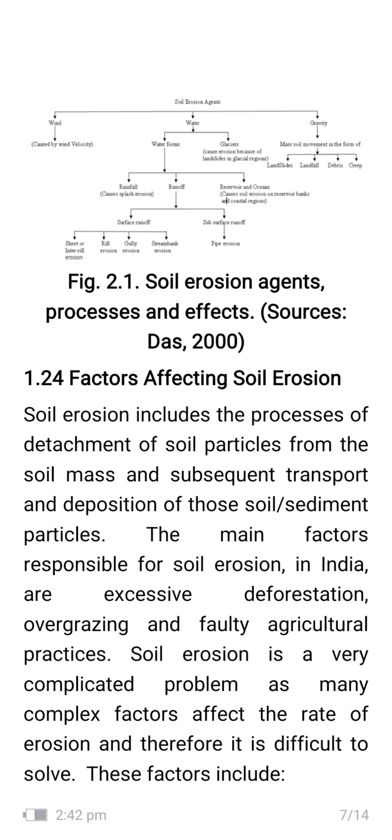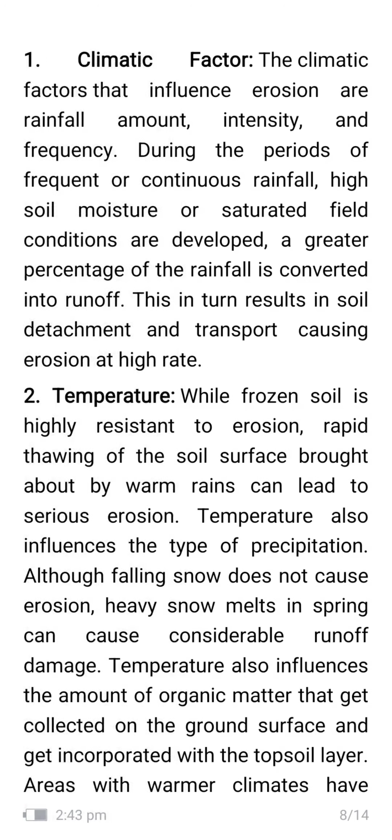Here we are going to see factors affecting soil erosion. First factor is the climate factor. There are different factors that influence erosion, like rainfall amount, intensity and frequency. During periods of frequent or continuous rainfall, high soil moisture or saturated field conditions develop.